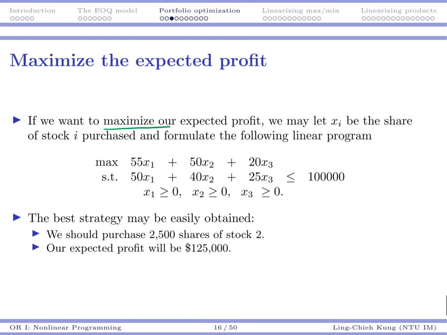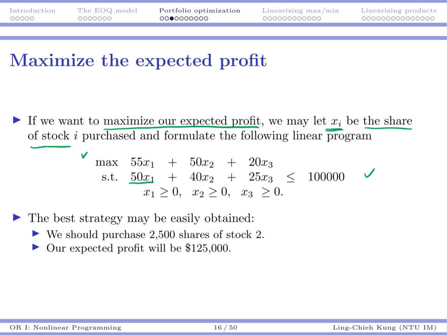Let Xi be the number of shares of stock i I purchase, and I'm going to formulate the following linear program. I have a budget constraint because for each share of stock 1, I need to pay $50, and so on.